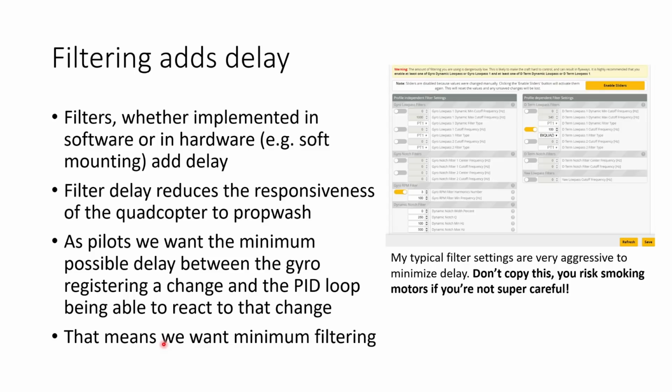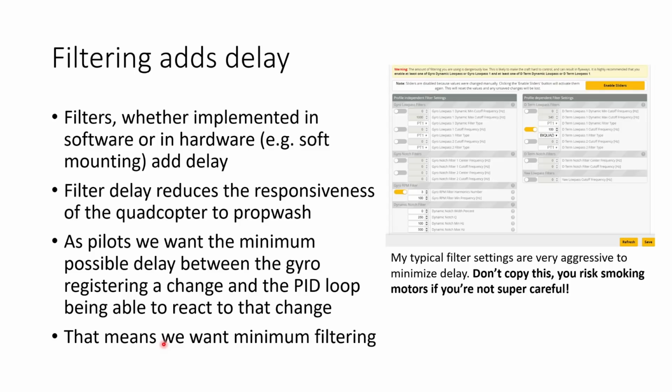Any filter delay that we add reduces the responsiveness of the quadcopter to situations like prop wash or aerodynamic buffeting and things of that nature. As pilots, we want the minimum possible delay between the gyro registering a change in the movement of the quadcopter and the PID loop being able to react to that change. And that means that we want the minimum possible filtering.